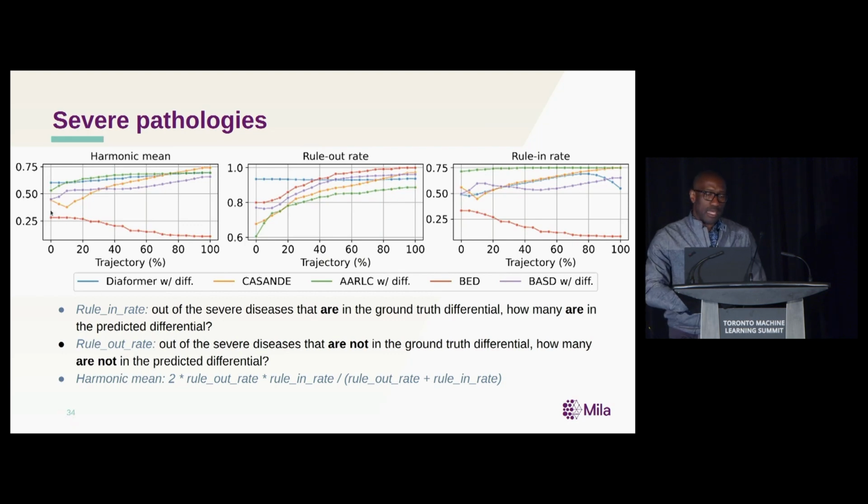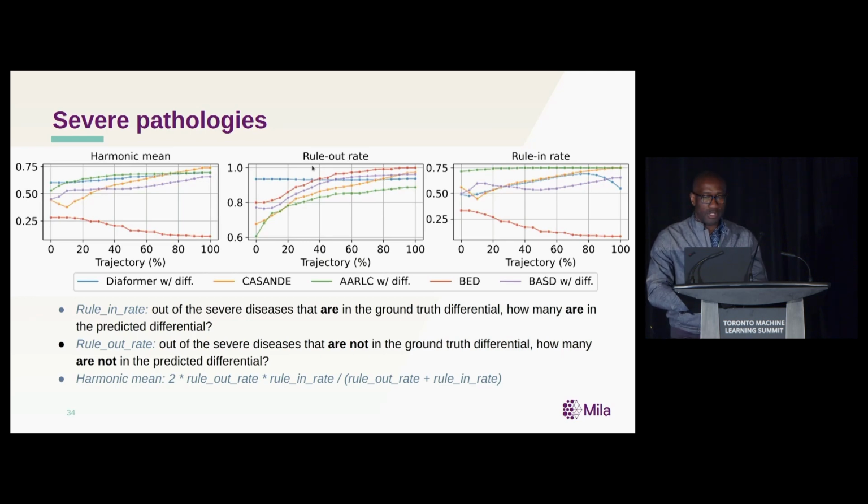And we can see that the proposed solution is the one that exhibits the strongest improvement over the course of the interaction, and it is the one that shows the best result at the end. This suggests that indeed the way severe pathologies are handled is heavily grounded on the evidence that the agent has collected.